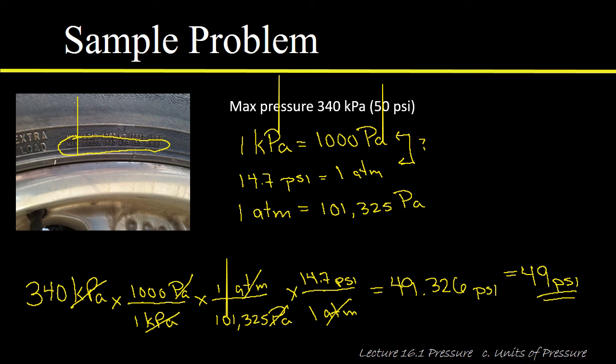So 49 psi is actually a little more correct than 50, but they're essentially the same thing. So the numbers on the tire are essentially correct. And they provided us with a little bit of extra fun. Can't beat that.